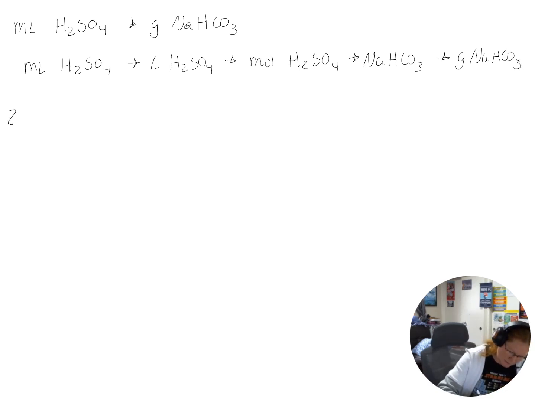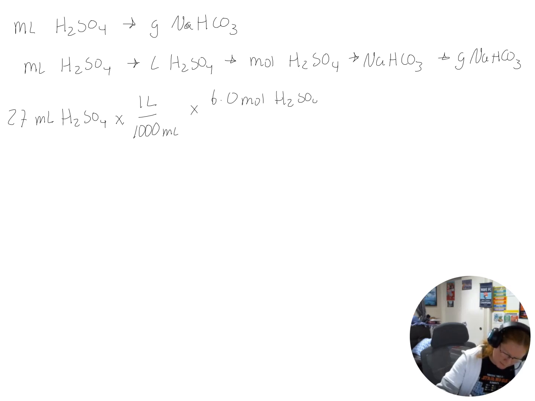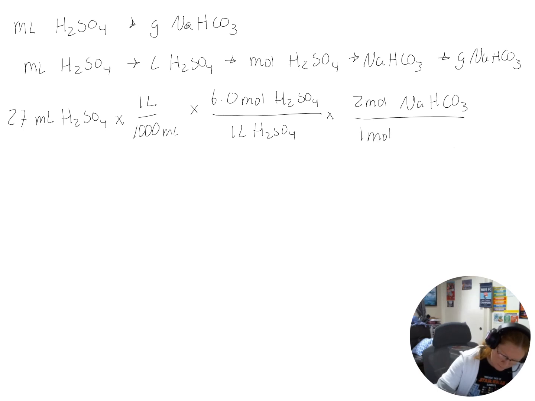So we had 27 mL. We have 1 liter in every 1,000 milliliters. Our molarity was 6.0 molar, so I get 6.0 moles of sulfuric acid for every 1 liter. Balanced equation, stoichiometry, I have 2 moles of sodium bicarbonate for every 1 mole of sulfuric acid.